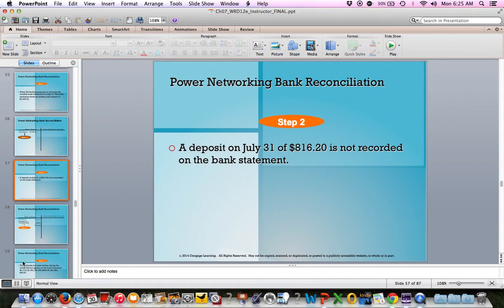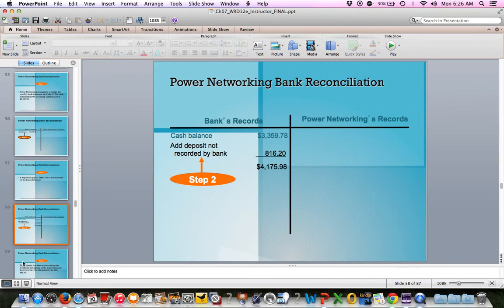And let's just say you made your deposit towards the end of the day, maybe 5 o'clock. The bank maybe has already shut down and started processing for the month already. And so they didn't include that in your July 31 balance. We did because we made the deposit that day as the company, but the bank did not. There's nothing wrong with that. It just means it becomes a reconciling item. So there it is.